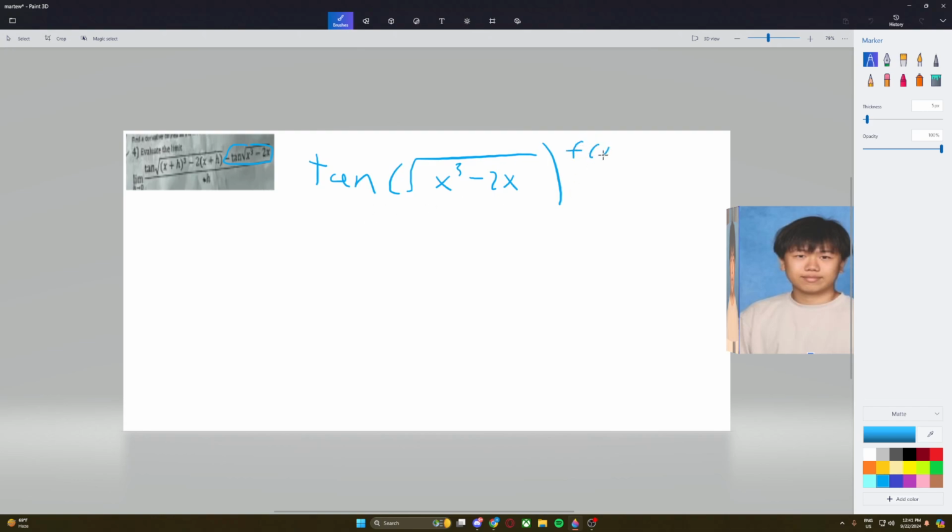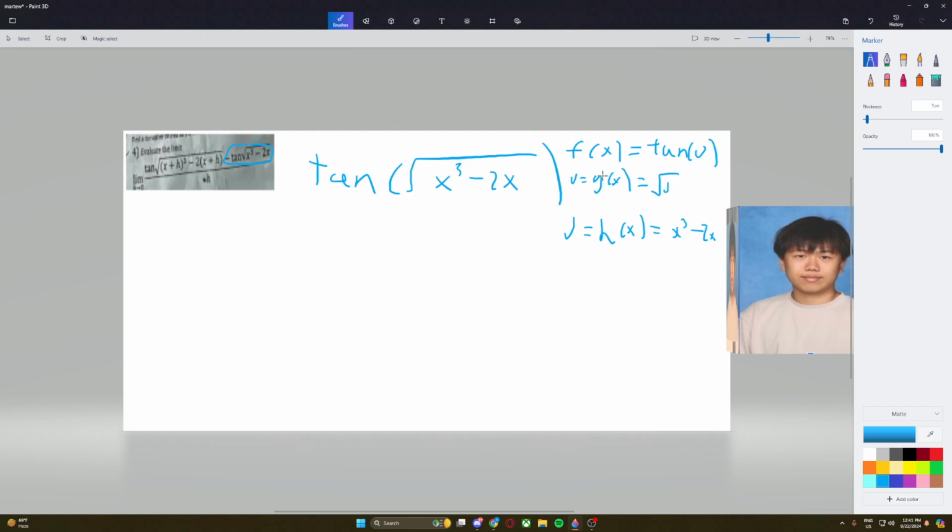The first function is tangent of u, and u equals g of x, which is equal to the square root of j, and j equals h of x, which is equal to x cubed minus 2x.